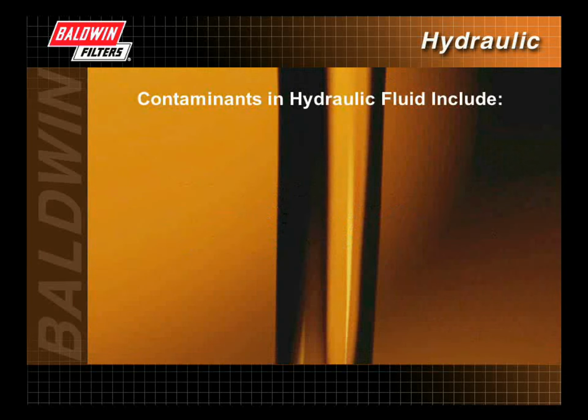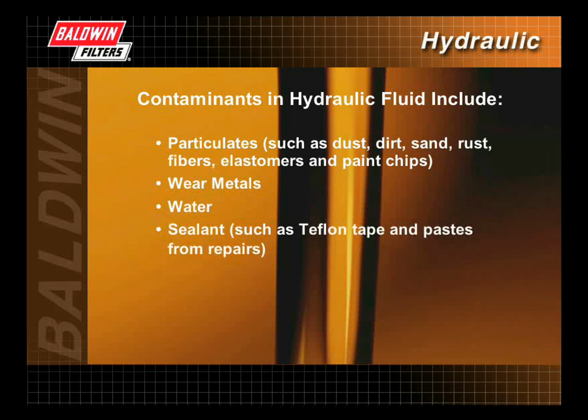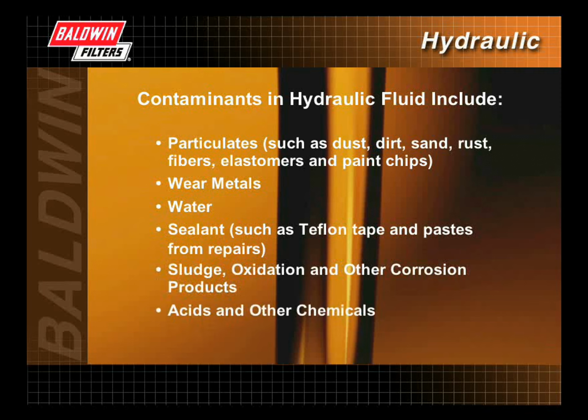Contaminants in hydraulic fluid include particulates, such as dust, dirt, sand, rust, fibers, elastomers, and paint chips, wear metals, water, sealant, such as Teflon tape and paste from repairs, sludge, oxidation, and other corrosion products, acids and other chemicals, and microorganisms in high water-based fluids.